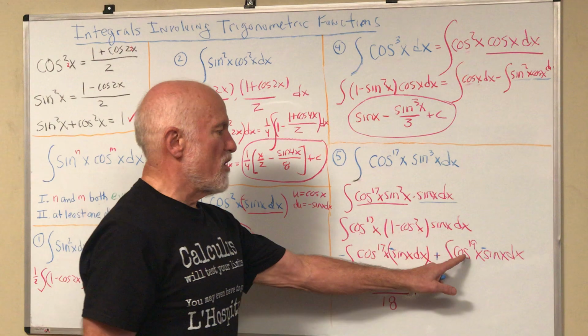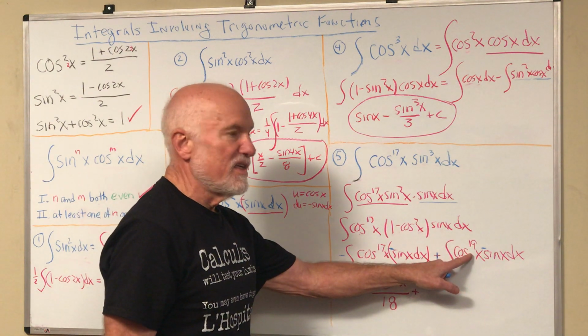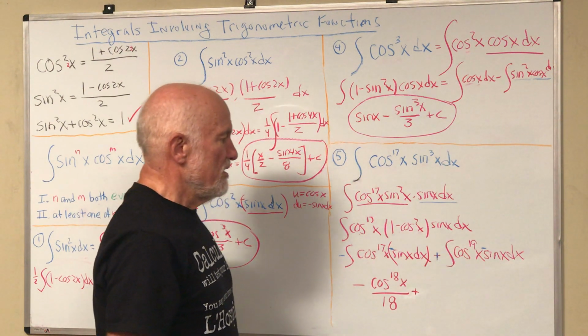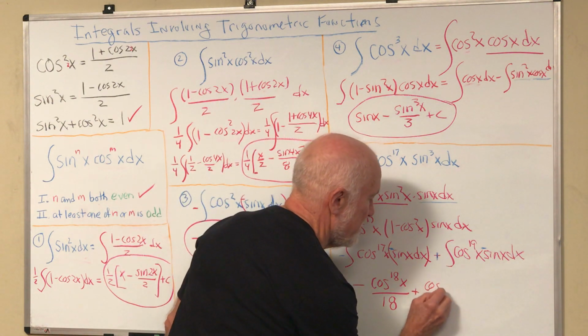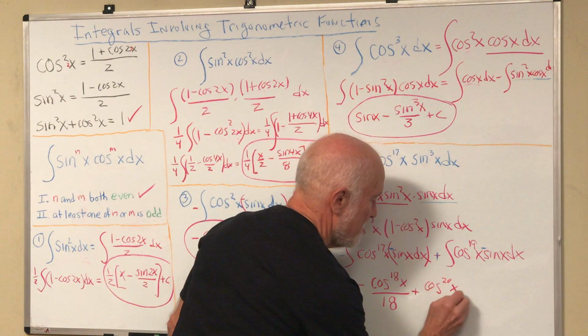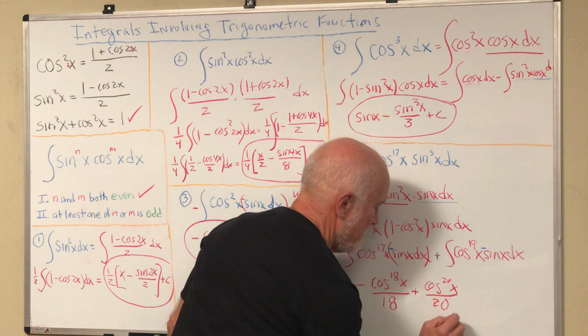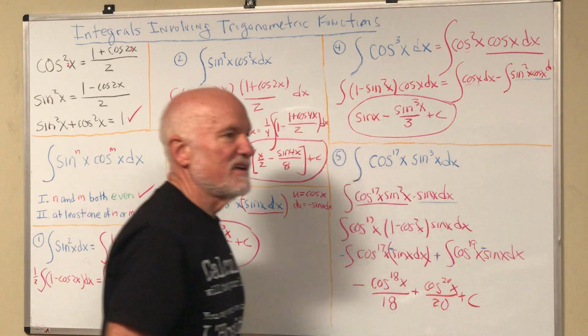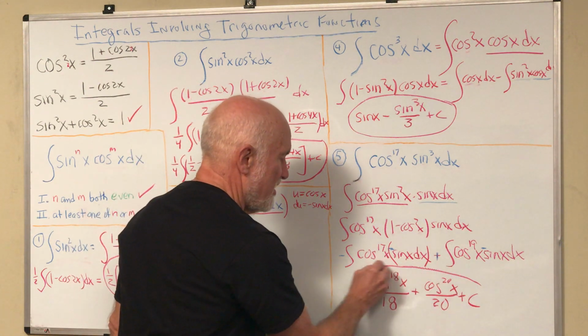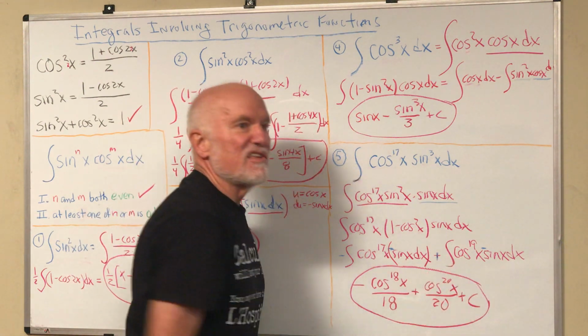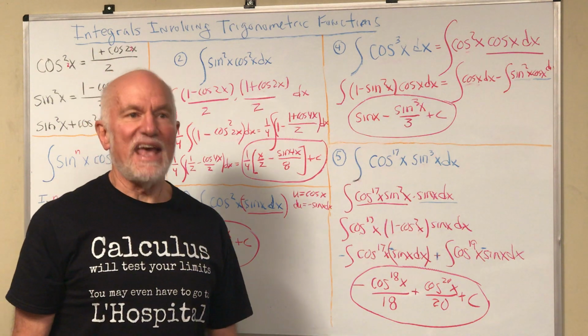And this one is in the form of u to the 19th du. So the antiderivative is u to the 20th over 20 plus c. So that kind of ends all the sine to the n, cosine to the m.